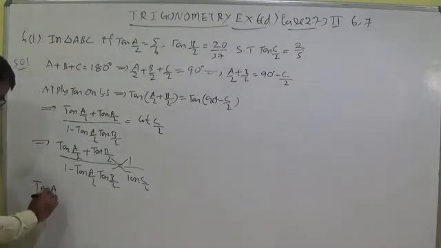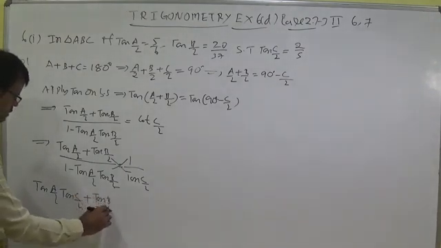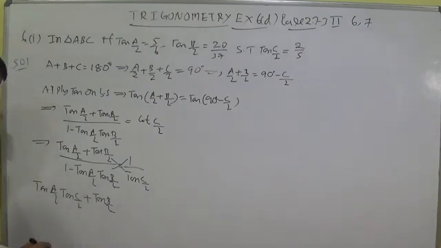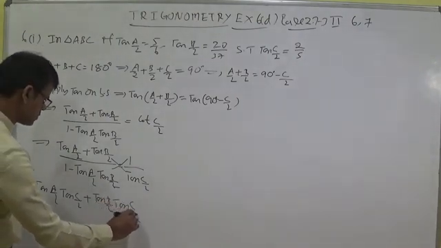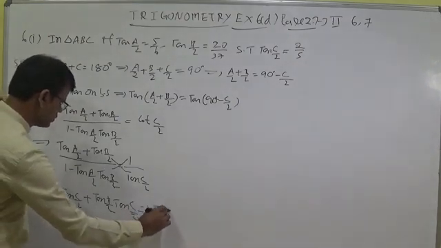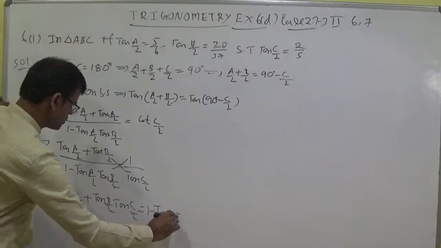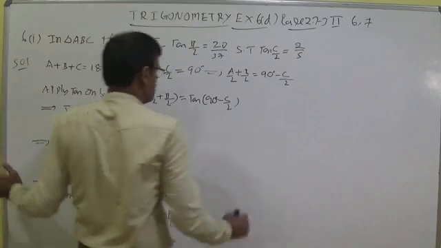So it becomes tan A by 2 into tan C by 2 plus tan B by 2 into tan C by 2 is equal to 1 minus tan A by 2 into tan B by 2.